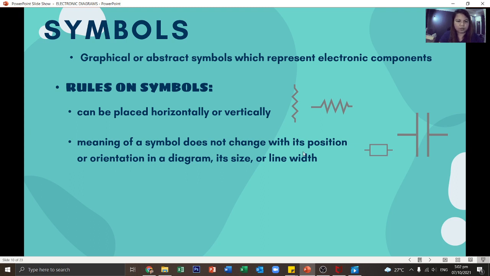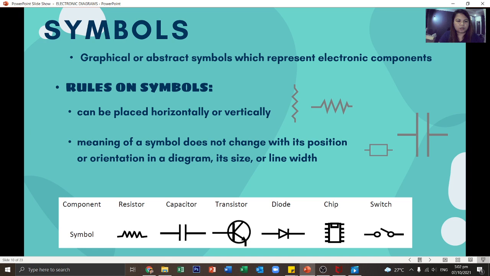So here are examples of the symbols and the components they represent: resistor, capacitor, transistor, diode, chip or IC, and the switch. There are lots of symbols available and being used in electronics, so it's up to you to research those and take note of them.